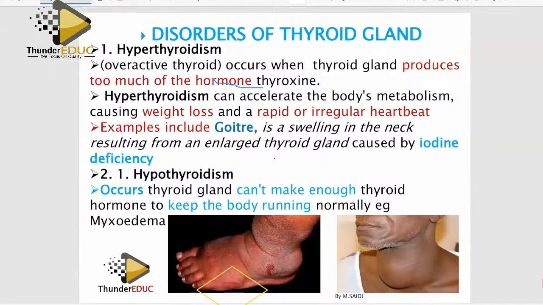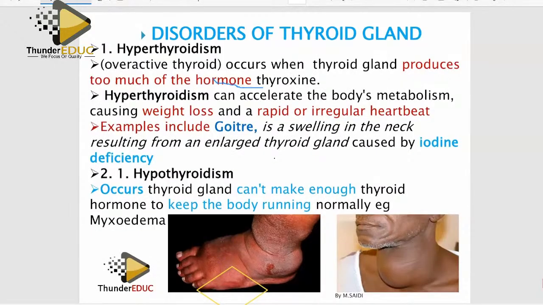If you overwork the thyroid gland, producing too much hormone, we call it hyperthyroidism. If it is not making enough, we call it hypo. Hypo means low, hyper means high.